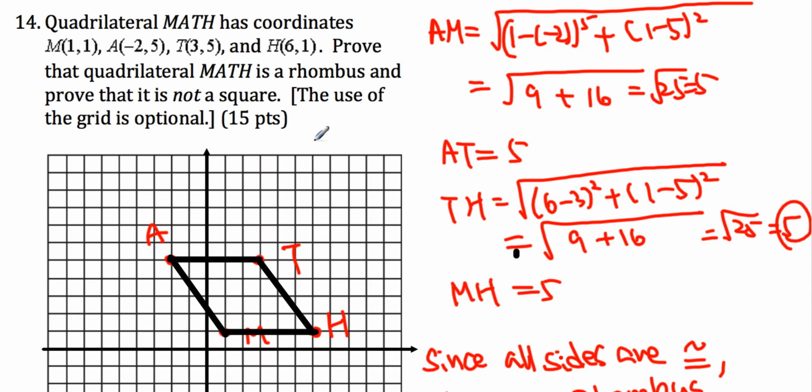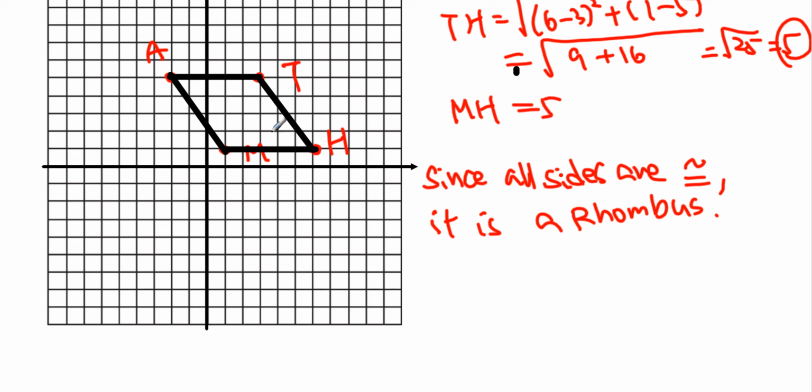But we are not sure that it's not a square. That means we can just do the distance of the diagonal, or we can try to see the slope here. Slope for MH is equal to 0 because it's a horizontal line. But what is the slope of AM?